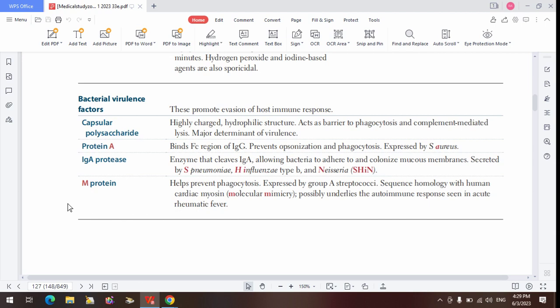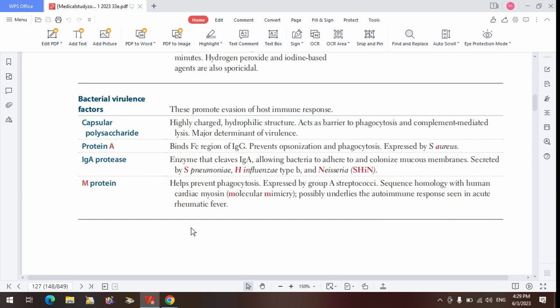Following group A streptococcal infection, you already develop antibody against the M protein. Those antibodies can cross-react with the myosin within the cardiac muscle and cause heart damage, because they damage that myosin, thinking it's M protein, and you can have carditis develop from that. So it underlies the autoimmune response that we see in acute rheumatic fever, typically the cardiac damage.